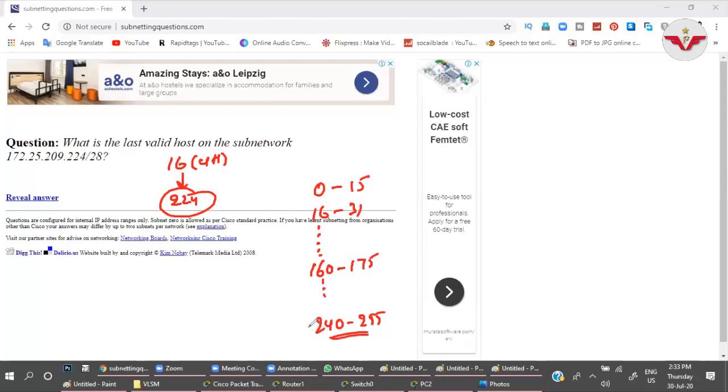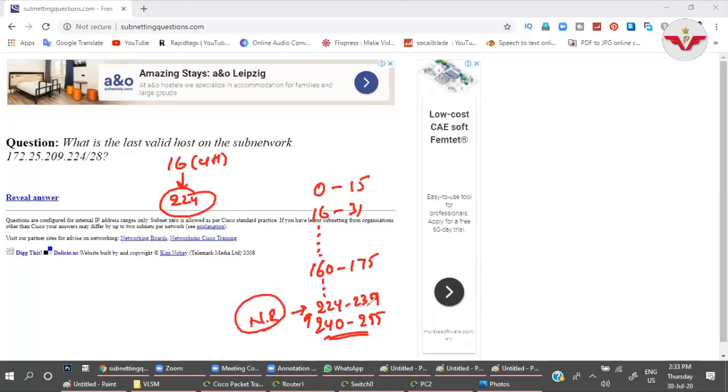So I have to go back one step. If I subtract 16 from 240, I get 224 to 239 as the network range, and 239 will be the broadcast address. This would be the network range.